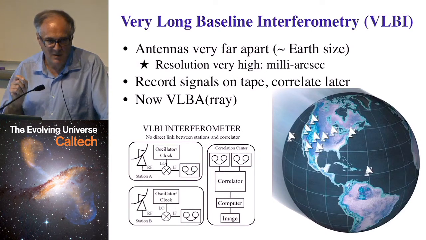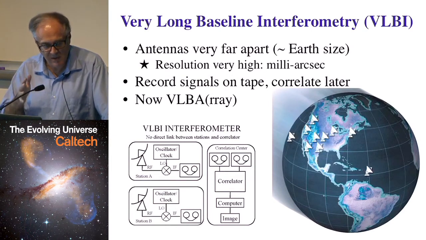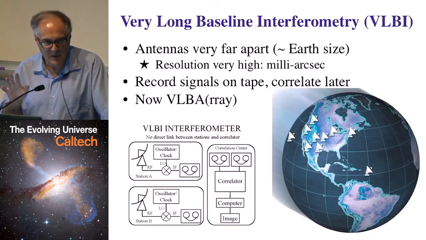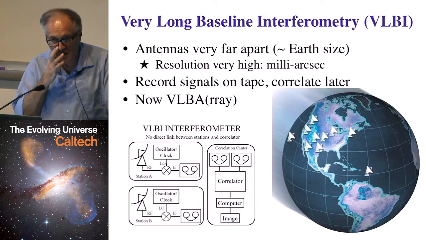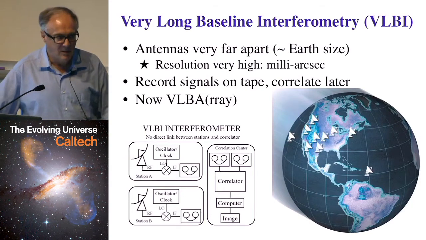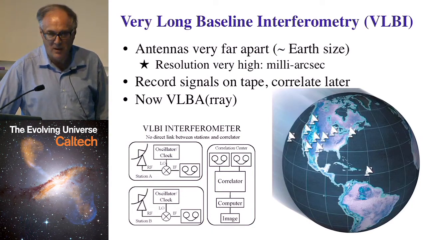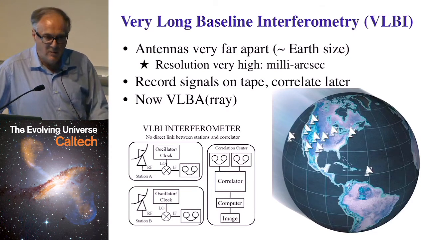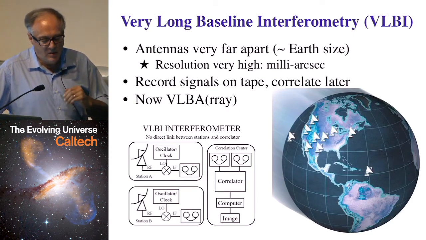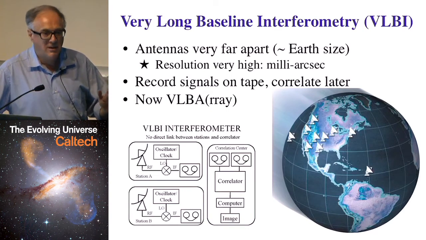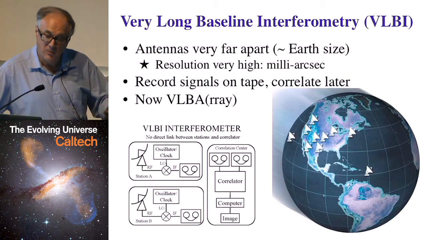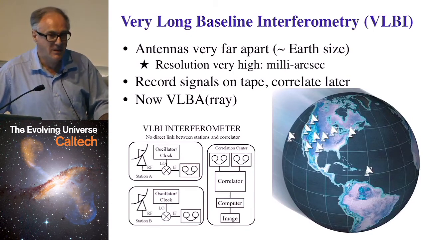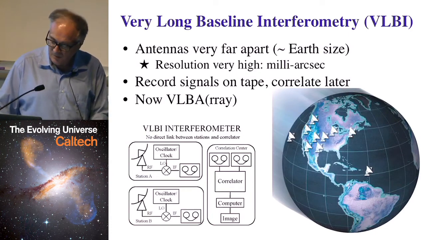This is very serious metrology because the Earth shakes, people pass by, trucks, there are earthquakes and so on. Actually, with the Keck interferometer in Hawaii, on the top of Mauna Kea, which is a 4.2 kilometer high mountain, one of the biggest sources of noise was surf on the beach. Just teeny tiny seismic waves from water waves hitting the shore. So you really have to do an extremely precise arrangement.